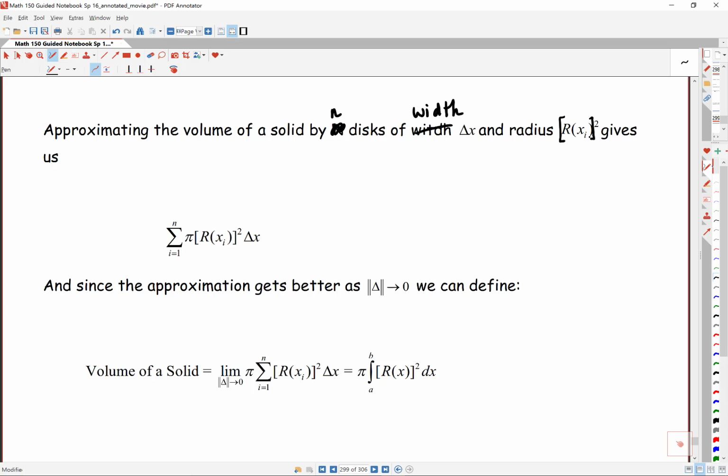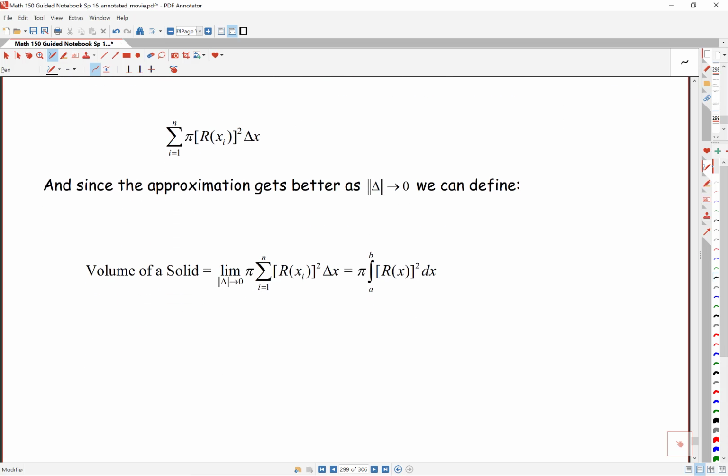But what do we know about summations? We know that as the norm of delta, which is the width of the largest subinterval, approaches 0, then the number of subintervals approaches infinity, right? So what we have is our definite integral, and at the end of the day, the volume of a solid of revolution is this formula here.